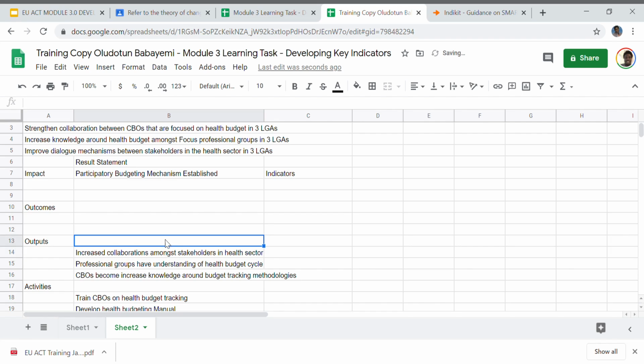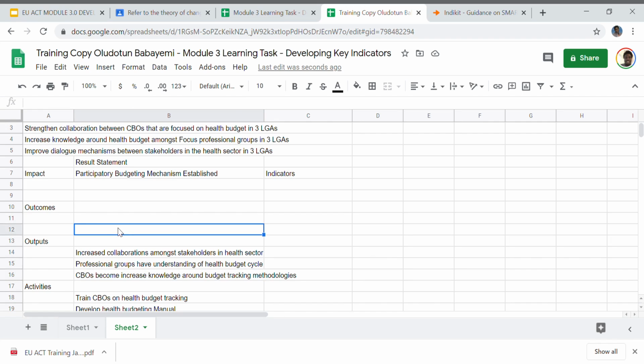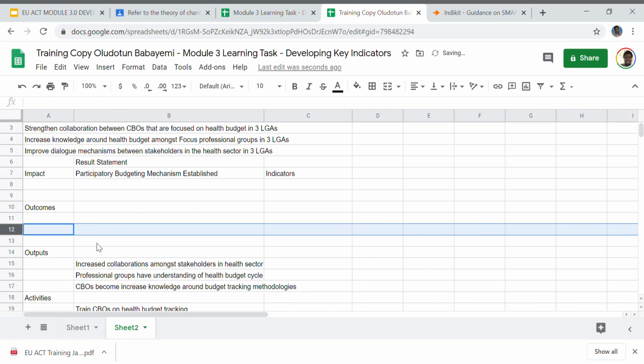So you can think about your outcome, which is, when CBOs have increased knowledge about that, let's see, what will they do?